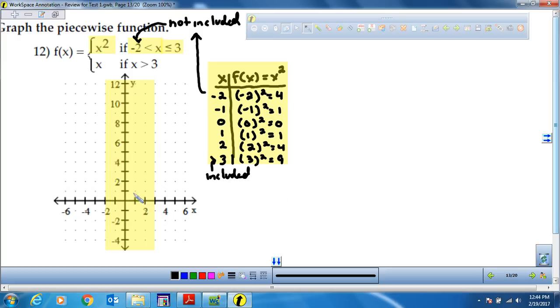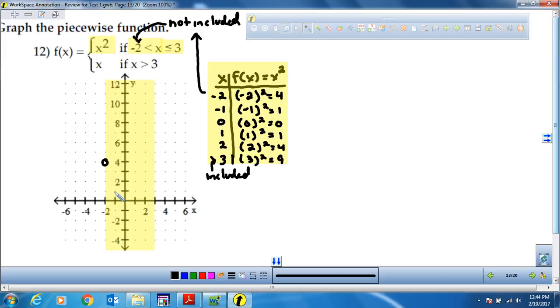-2, 4 is the first point, but what did we say about -2 on that graph? It says that it's not included, and not included on the graph is going to be represented by an open circle. Open circle means that that point is not included in the graph of that piece of the function.